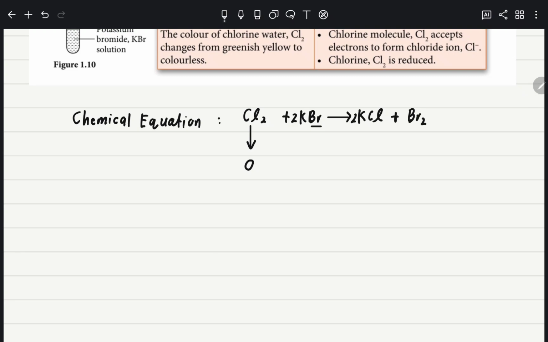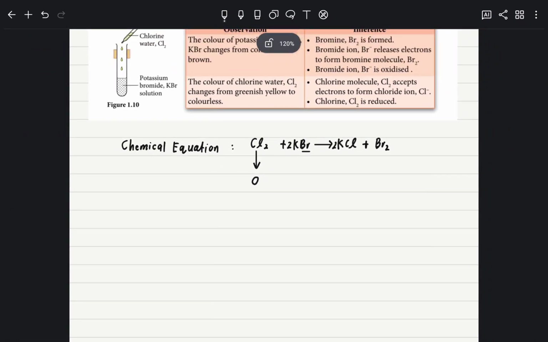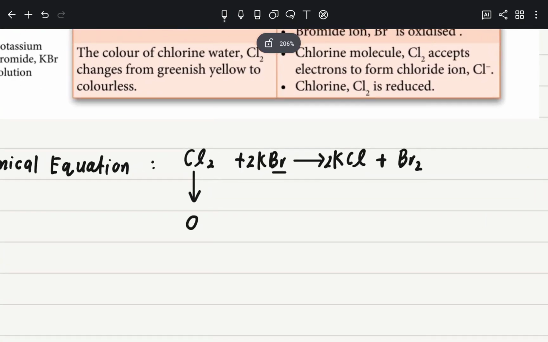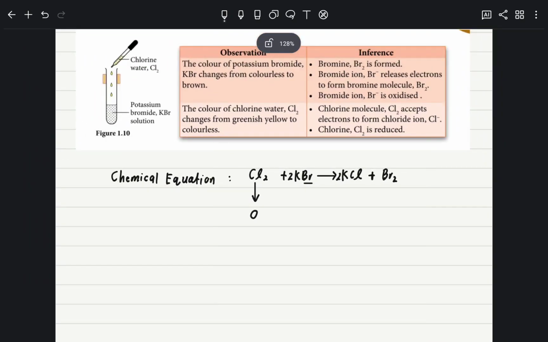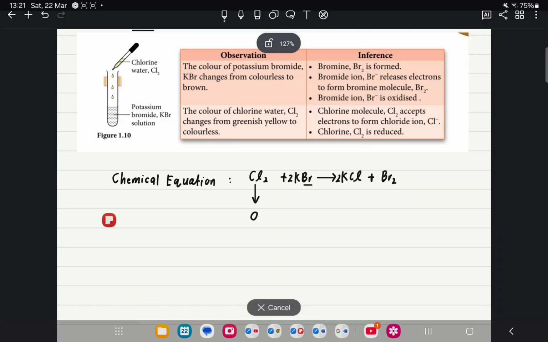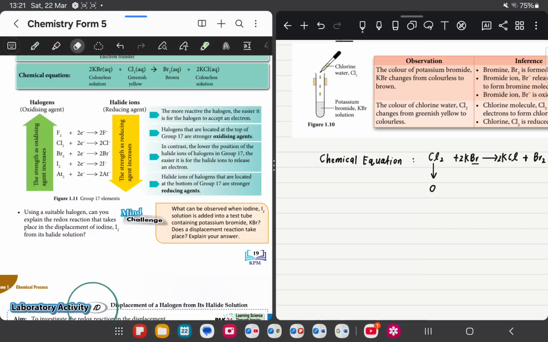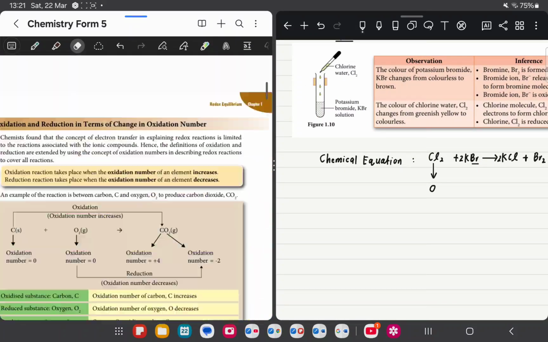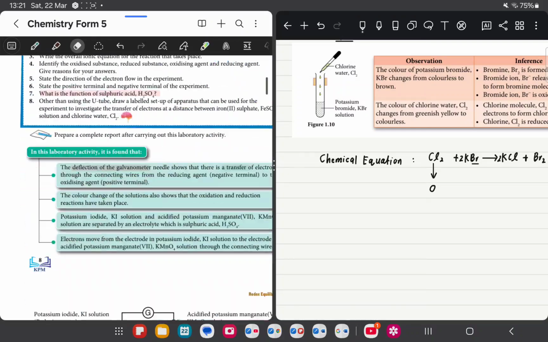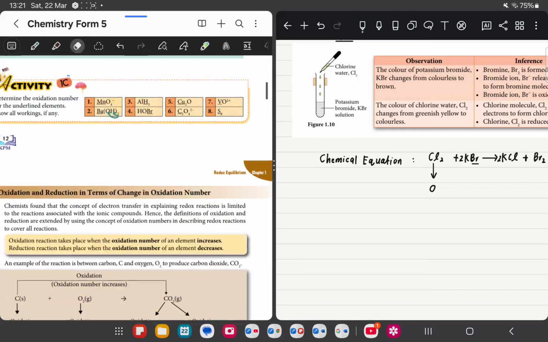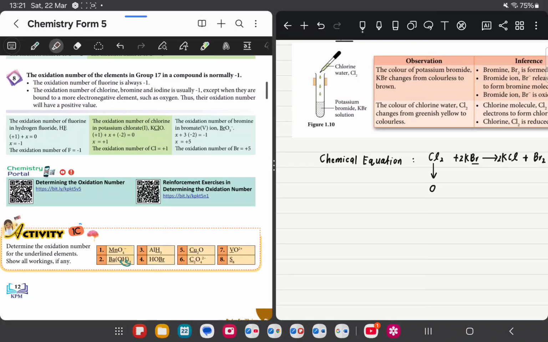For my Br minus now, I don't know the oxidation number, so I will see the last rule in my oxidation number. The last one says that your Br is -1. Let me show you the evidence. The oxidation number of an element in group 17 in a compound is normally -1.